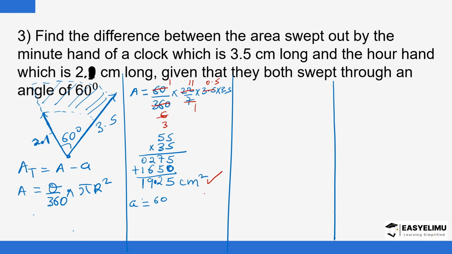So I have 60 over 360. I multiply by 22 over 7, and then you multiply by 2.1 by 2.1. So 6 here, 1, 6 here, 6 times, 2 there, 11, 2 here, 3 times, 6, 7 here, 1, 7 there, 0.3. So 11 by 0.3 by 2.1.